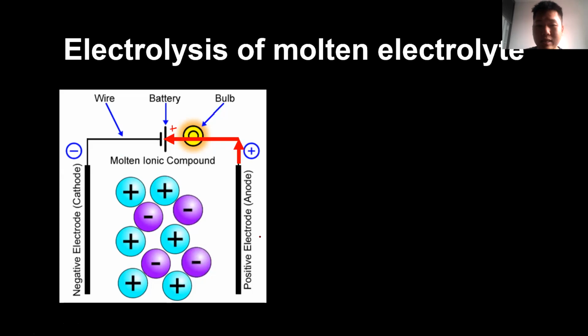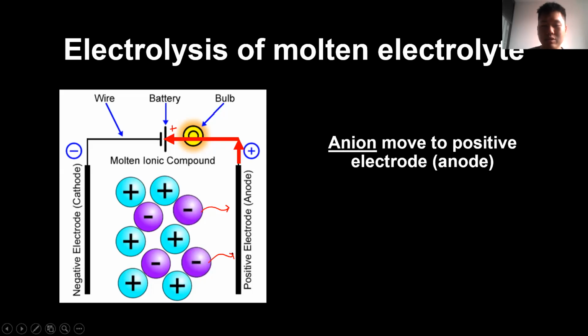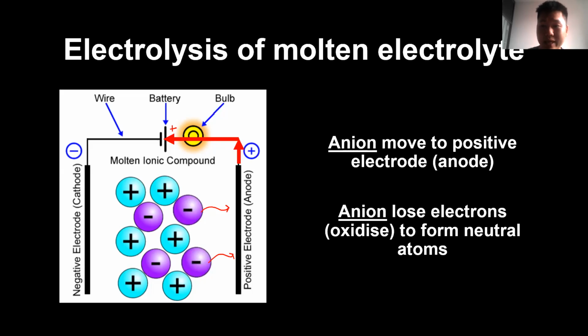As discussed earlier, the positive electrode will attract the negative anion. So the anion will move towards the positive electrode, which is called the anode. The anion will lose electrons, or oxidize, to form neutral atoms.